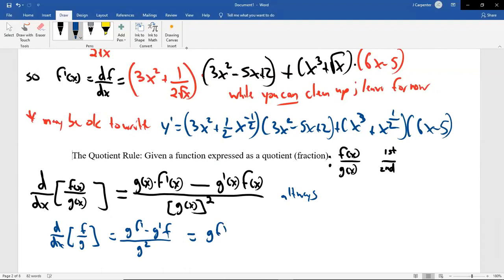G times f prime, the second times the derivative of the first, minus the first times the derivative of the second over g squared. So I'm going to put a little circle around my favorite version. It looks really close to the black version, but I swapped the order of the g and the f. What in the heck did I write there? Something's wrong. Please forgive me there. I had this squared in my head a little too soon. g f prime minus f g prime.